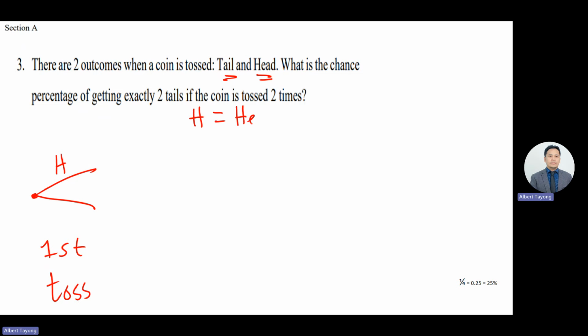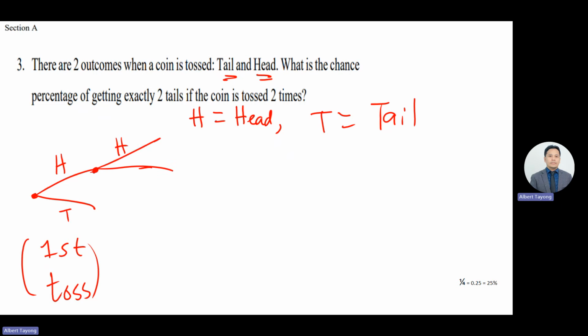H is head and T equals tail. Now, if it was head on the first, it could be head or tail on the second. If it was tail on the first, it could be a head or a tail on the second. So this is the second toss.